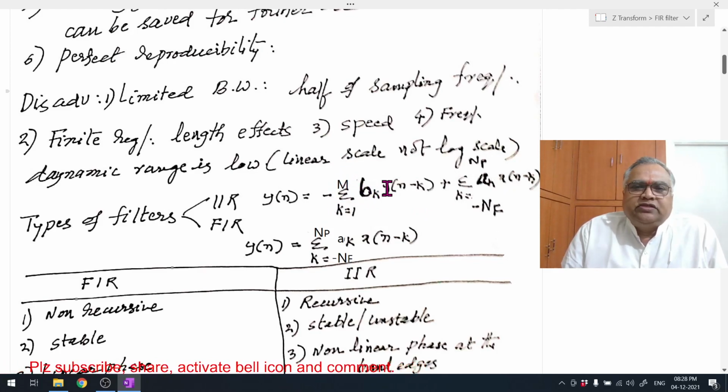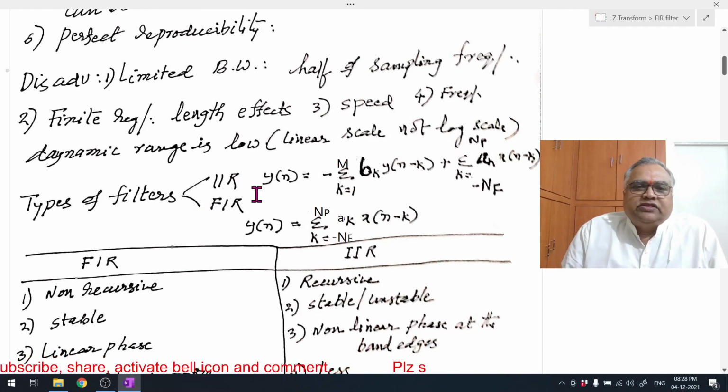If we expand this, y of n minus 1, n minus 2, n minus 3 will come. So it is previous outputs, whereas this will have the present input, previous inputs, future inputs. This is for IIR. Whereas for FIR, this term will not be there, only this term will be there.